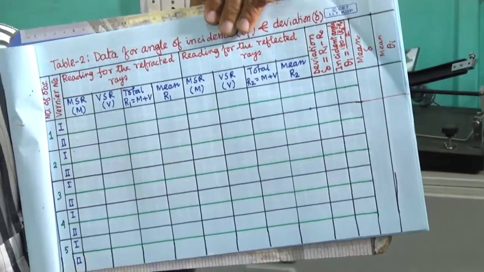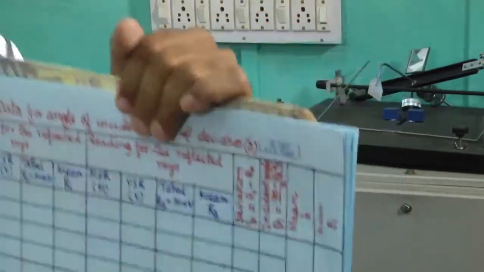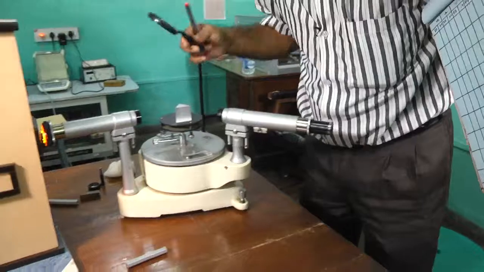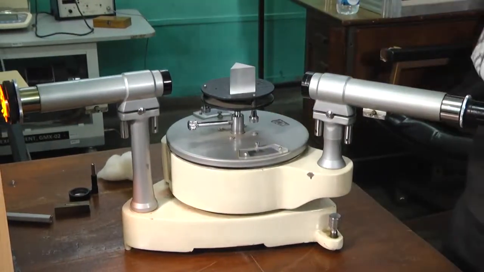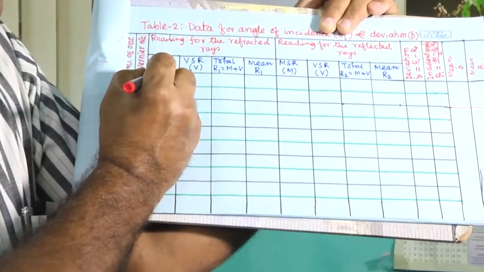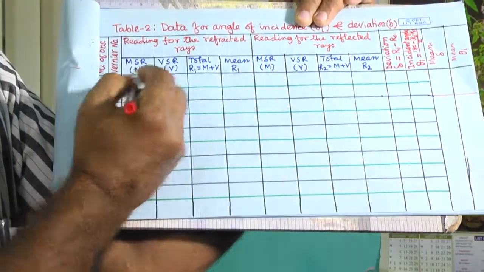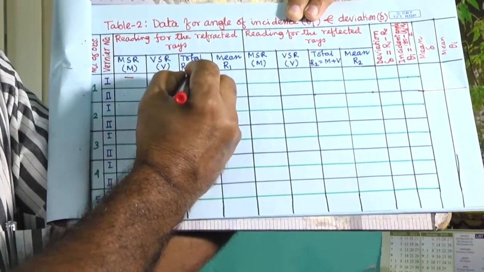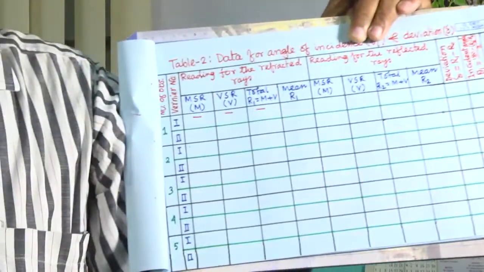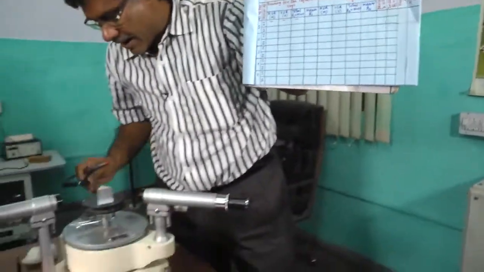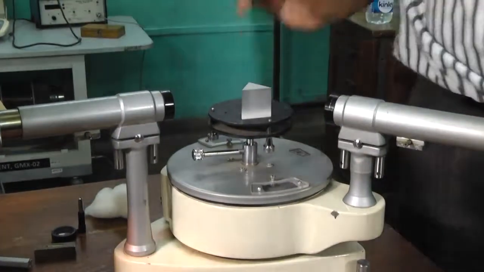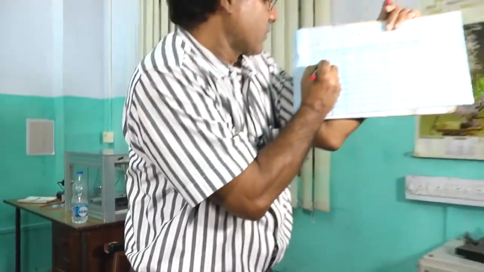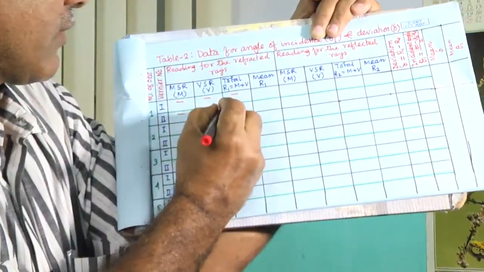So for these refracted rays, I have to take the reading of vernier 1. So I will note down vernier 1's main scale reading, then vernier scale reading, then total. Similarly, for vernier 2, I have to take the reading. So I will note it down. Okay.